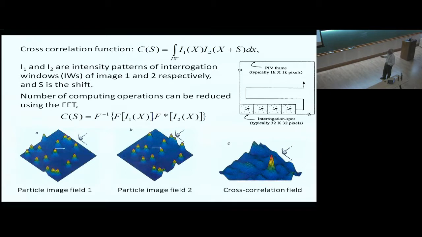Essentially, you take the cross correlation between these two intensity fields at the first instant and the next instant. And those peaks essentially will give you the velocity.